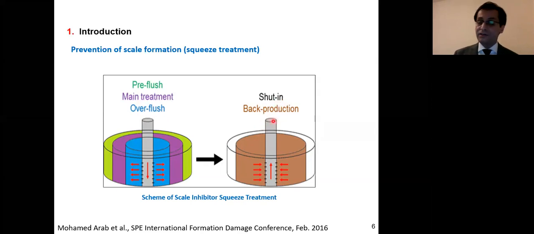After this period of time, the well is brought back to production. In the back production stage, all the adsorbed scale inhibitors, or precipitated ones in some cases, are desorbed from the surface or redissolved in the water stream and prevent the reaction between anions and cations.